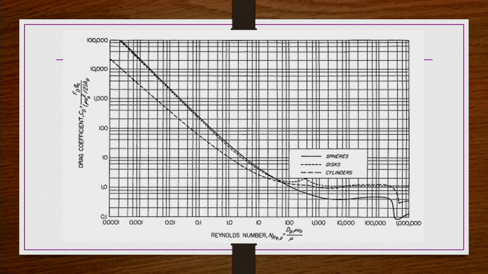Now if you take the drag coefficient versus Reynolds number REP, you can see the solid line is for spherical particles, and discs and cylinders are also shown here. Discs and spherical particles have almost similar drag behavior up to Re 100 or so.